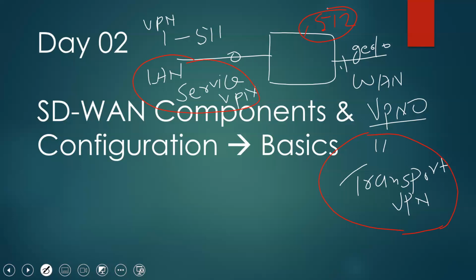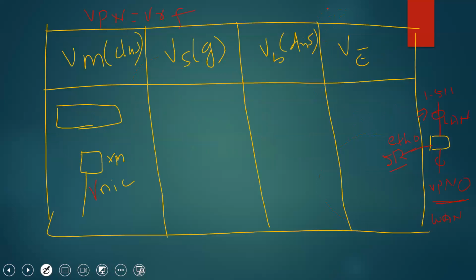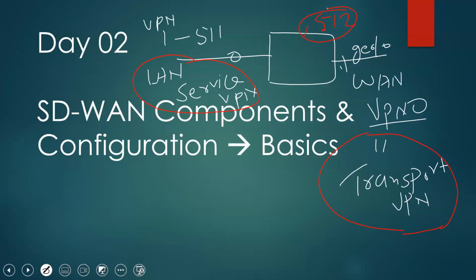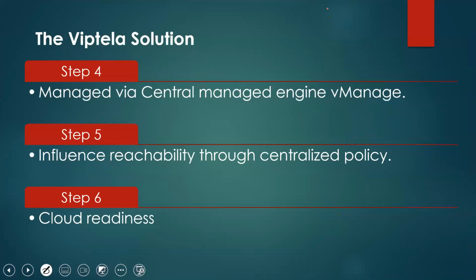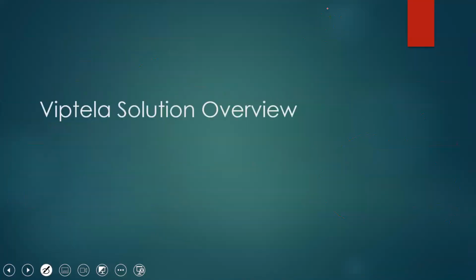Now coming back to our diagram that we have here, think like this. When you go and draw the topology, and I'm not showing you any standard topology or architecture at the moment, your controllers, vManage, vSmart, vBond, etc., will be somewhere, maybe in a cloud, or maybe in a data center.